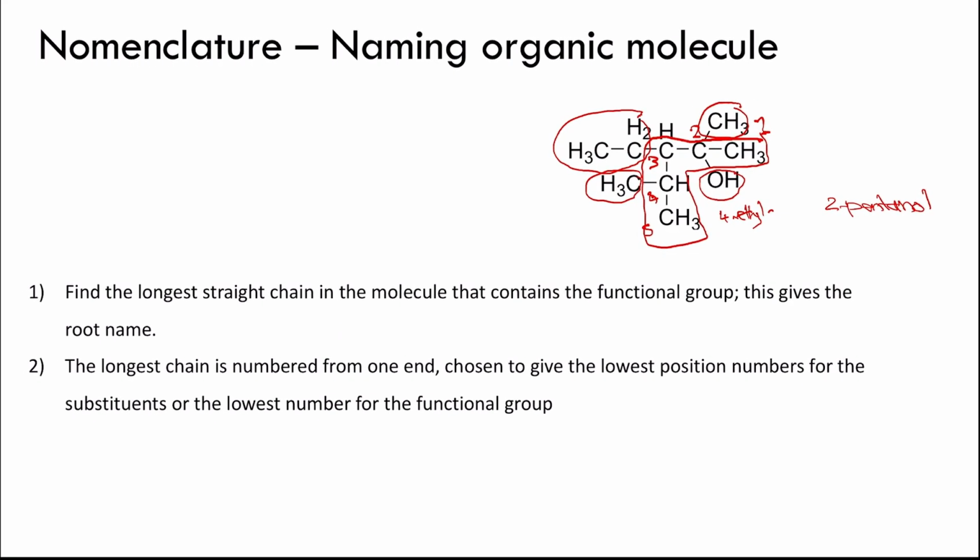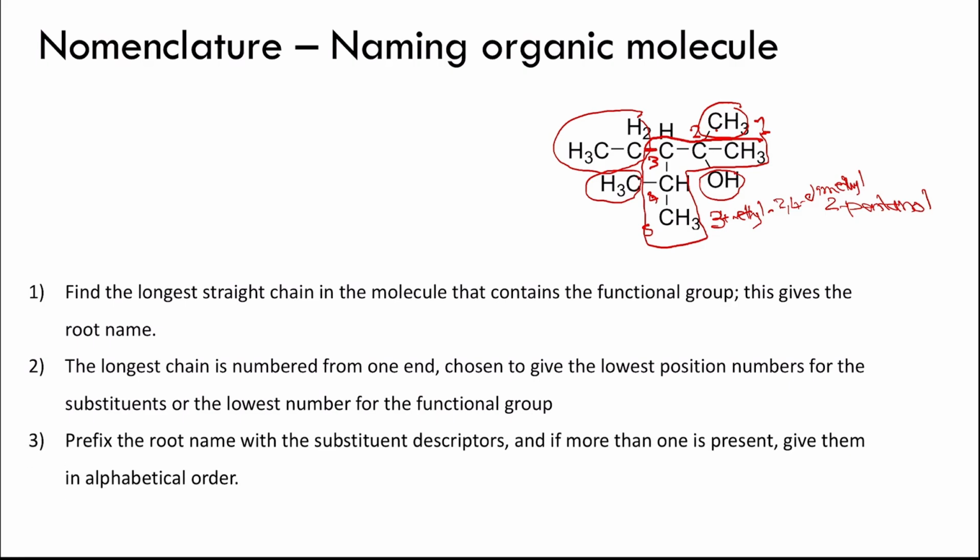We have the ethyl group on carbon number 3, and then we have the methyl groups on carbon 2 and carbon 4. So 3-ethyl, and then 2,4-dimethyl. So the final name is going to be 3-ethyl-2,4-dimethyl-2-pentanol. So this is your IUPAC naming of this compound.